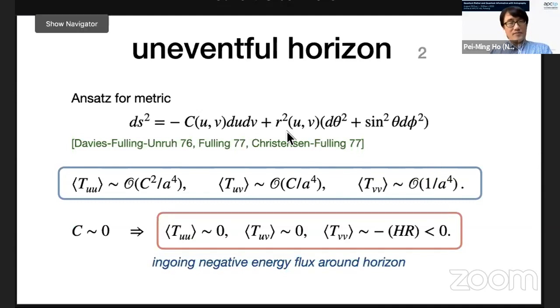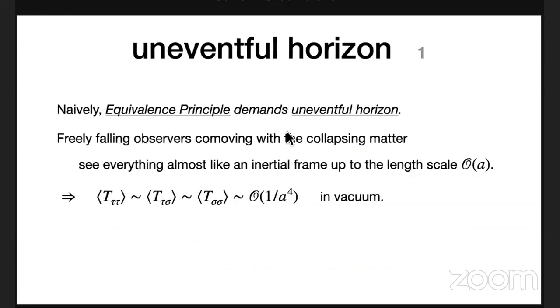Excuse me. In this previous slide, this amount of energy momentum tensor. My question is whether this amount ensures the correction to this Schwarzschild metric is small enough.